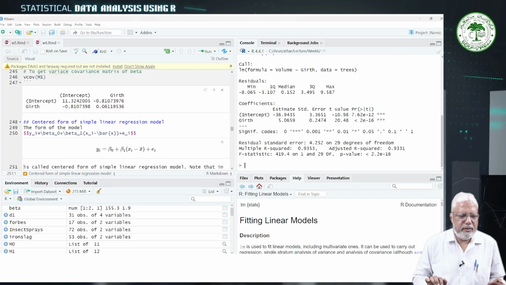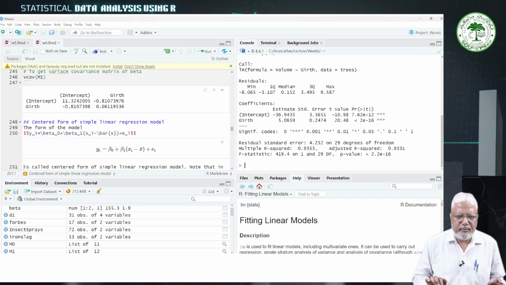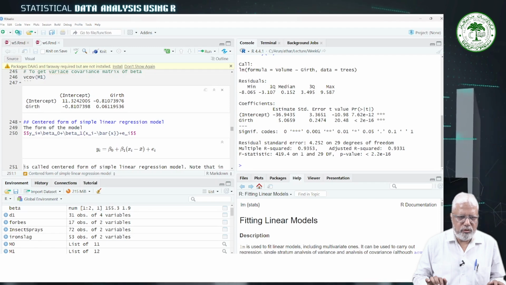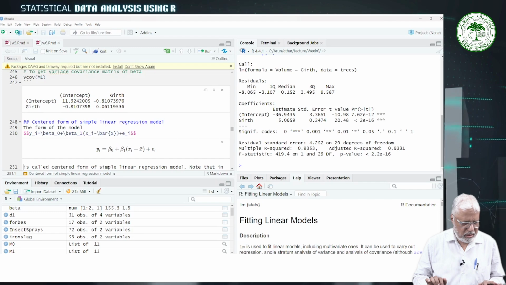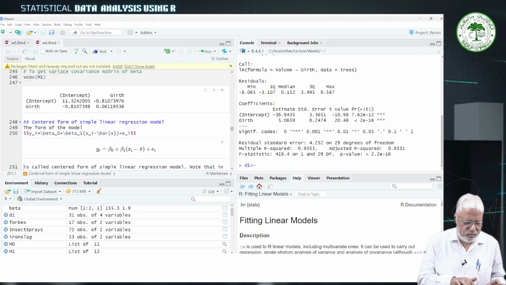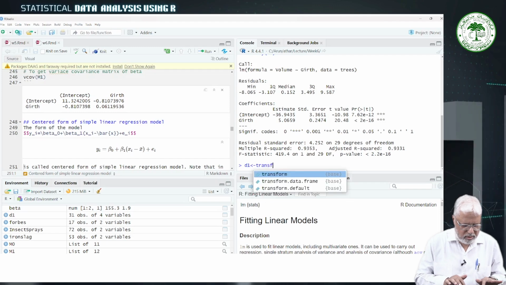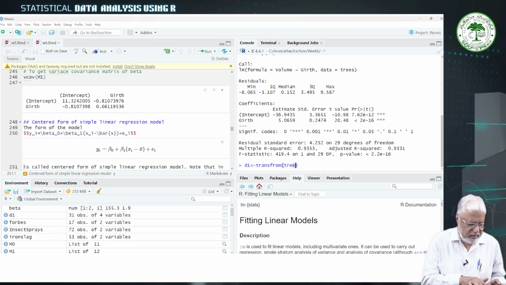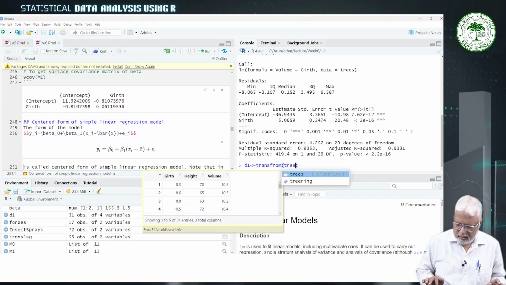But when we make a centered form of the girth, that is nothing but we make use of the transform function.